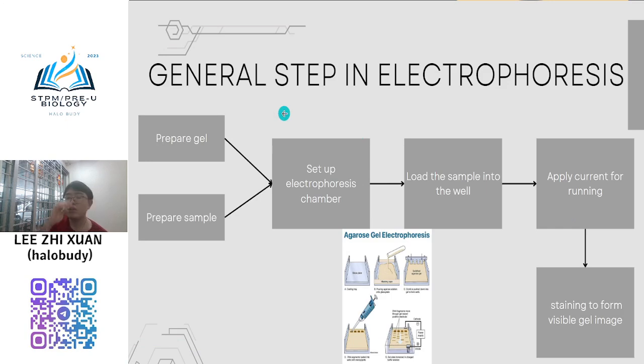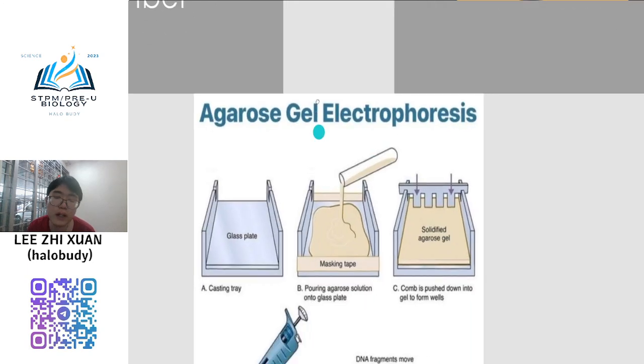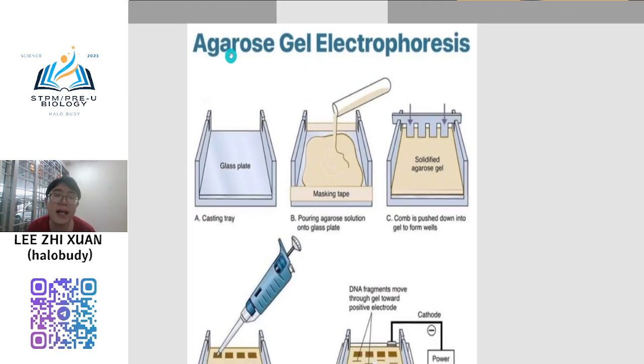Okay, so the general steps in electrophoresis, I will just tell you. If you want to run an electrophoresis, firstly you need to prepare a gel, like agarose gel. Why do we call it agarose gel? Because one of the gels we know is agarose.